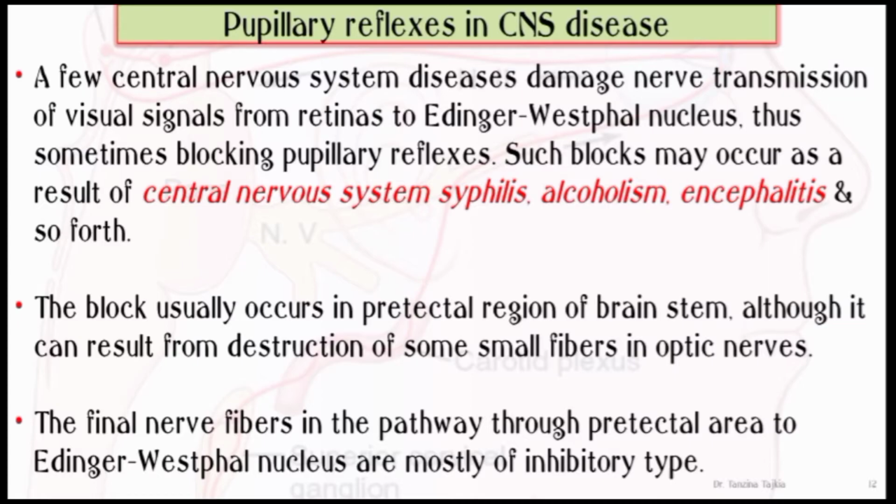Pupillary reflexes in central nervous system disease. A few central nervous system diseases damage nerve transmission of the visual signal from the retinas to the Edinger-Westphal nucleus, thus sometimes blocking the pupillary reflex. Such a block may occur as a result of central nervous system syphilis, alcoholism, encephalitis, and so forth.